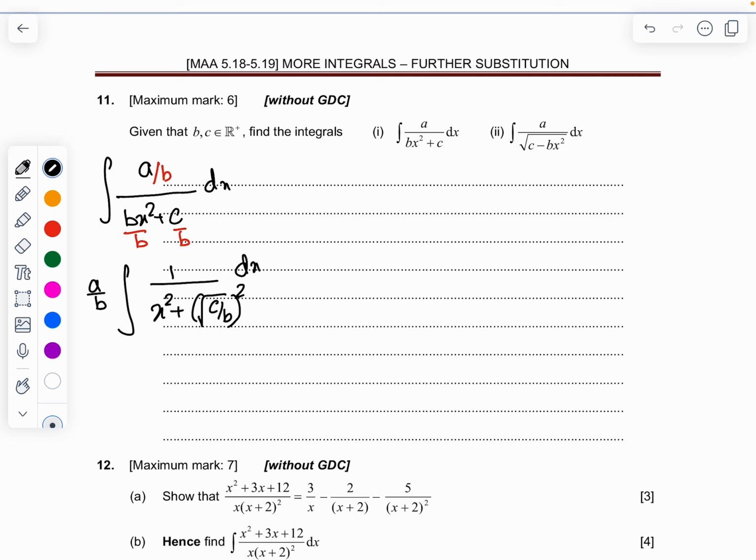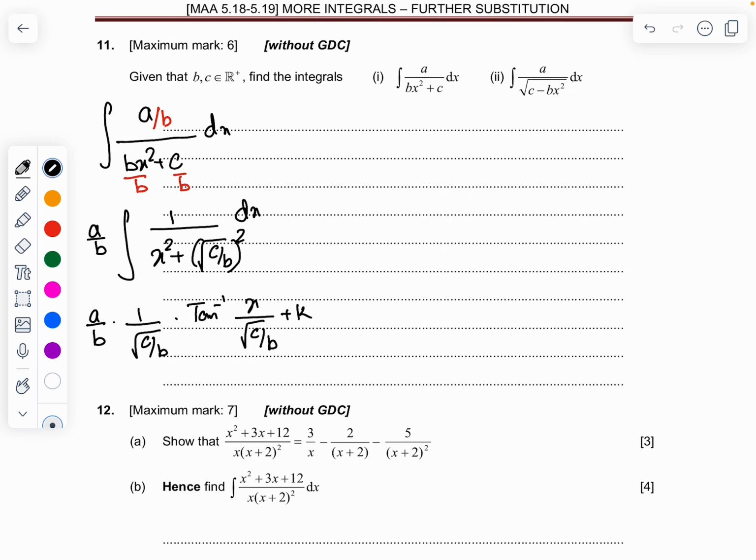So this is in the form of the tan inverse formula. So what does that become? A upon b times 1 upon square root of c upon b, 1 upon a, tan inverse x upon a, x upon square root of c upon b, plus some other constant, maybe k, because already c has been used.